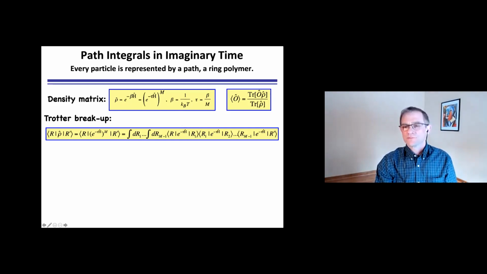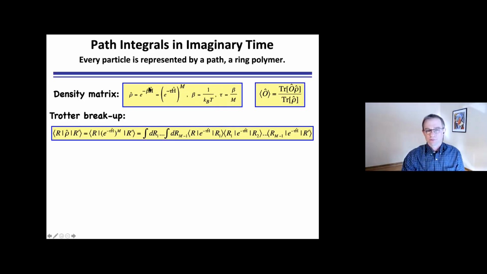If you do this repeatedly, you start at R and end up at R prime, but it becomes a stepwise process. You step through all space and you have to integrate over all intermediate steps. You have to perform an integration over all possible paths. The reason this is useful is because every step is better characterized than the original problem.